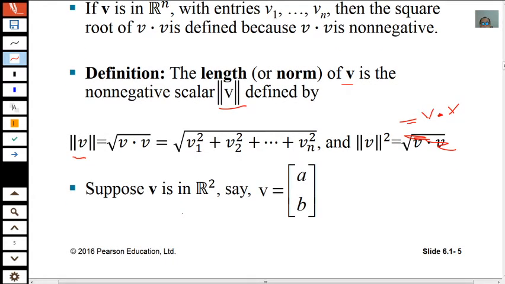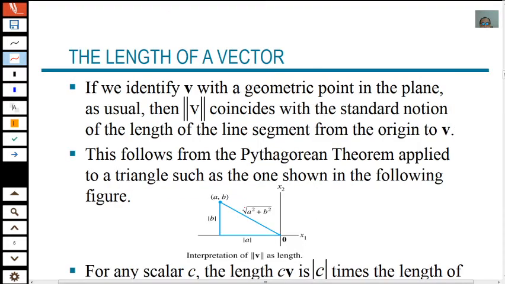Suppose v is in R squared. Let's say v has two components, a and b.